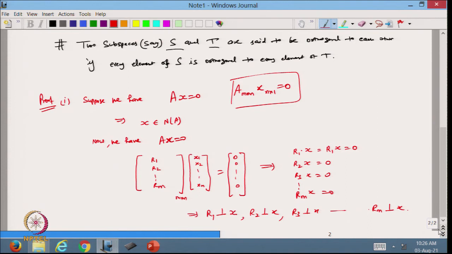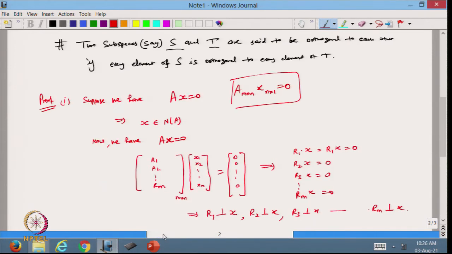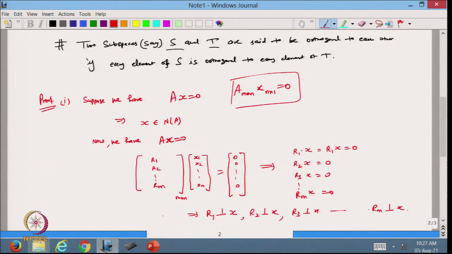Now, we are able to see this, but as we have seen there, we are able to tell that two subspaces are orthogonal to each other only if each element is orthogonal to each element of the other subspace. So let us take any element in the row space of A. That element will be spanned by the rows, so it will be a linear combination of the rows.